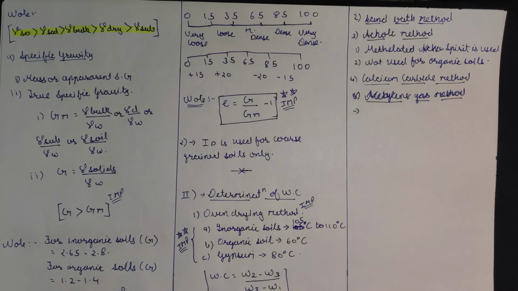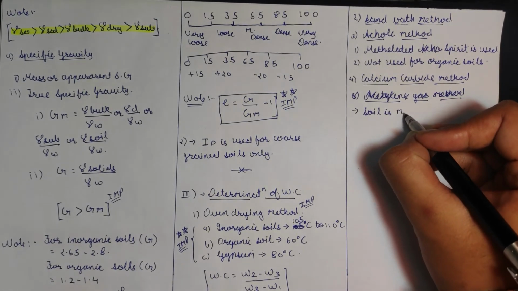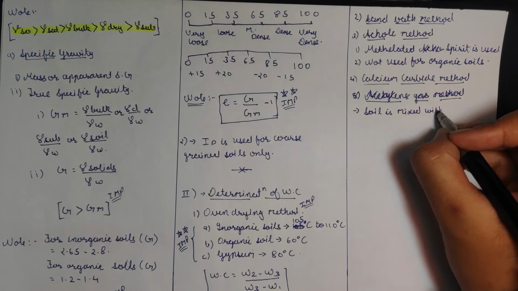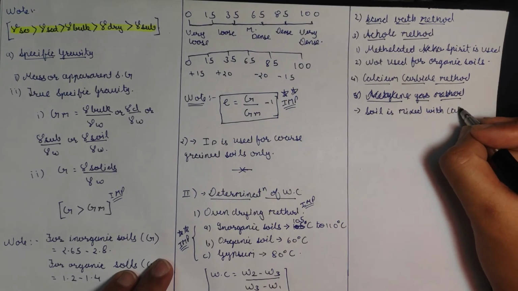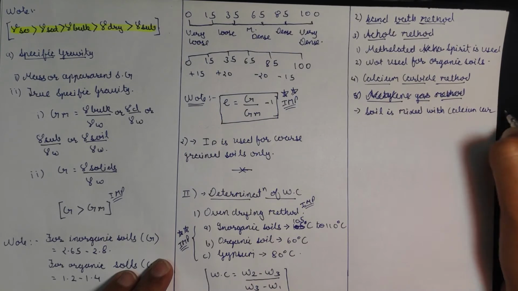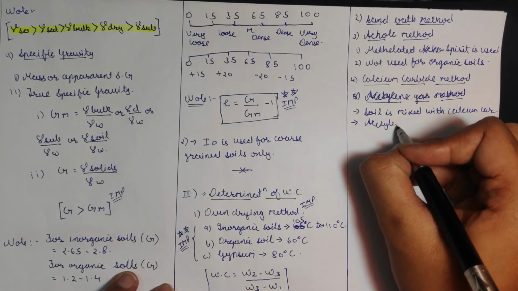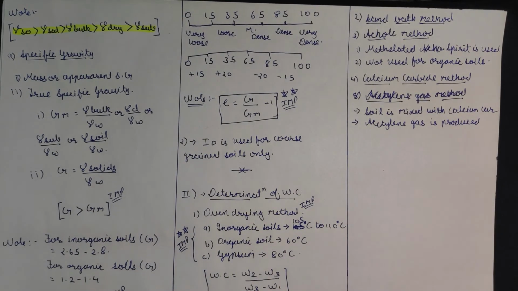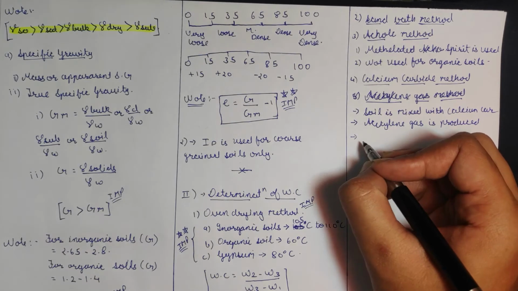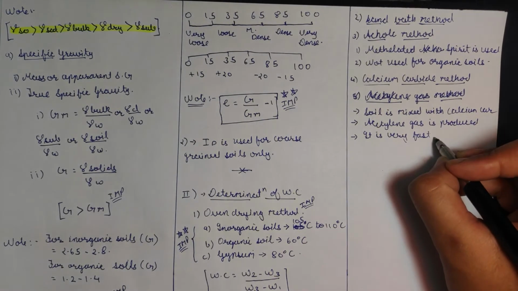The things we have to remember for the calcium carbide method are: first, soil is mixed with calcium carbide; second, acetylene gas is produced; and third, it is very fast, but not accurate.